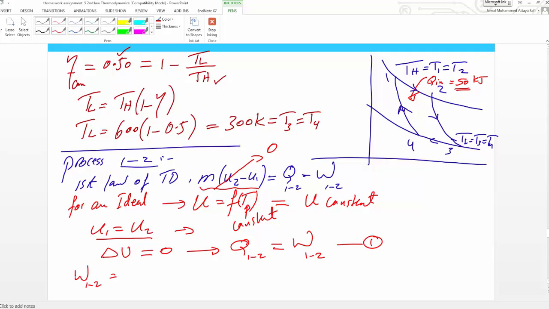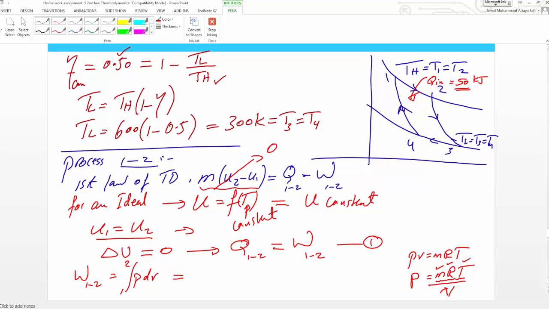If you remember, boundary work was the integral from 1 to 2 of P dV, and for an ideal gas, PV equals mRT, which means that the pressure is mRT divided by V. This is constant because temperature is constant in this case, R is constant, and the mass is constant.